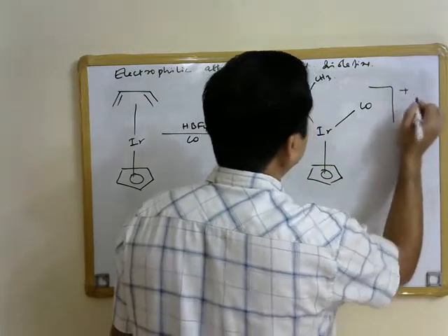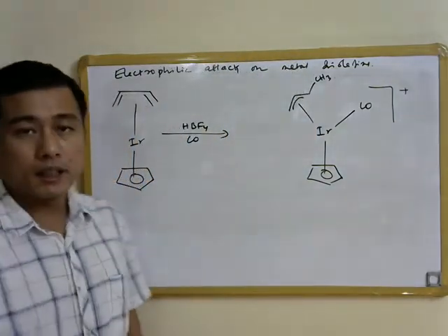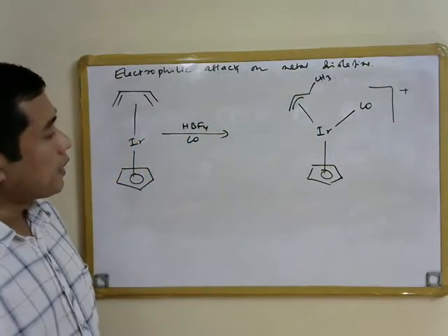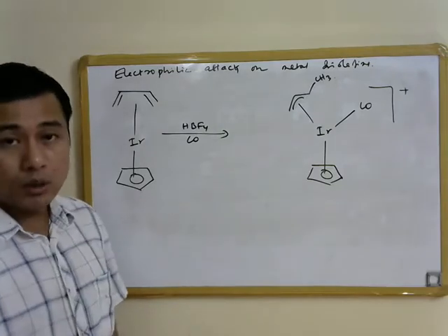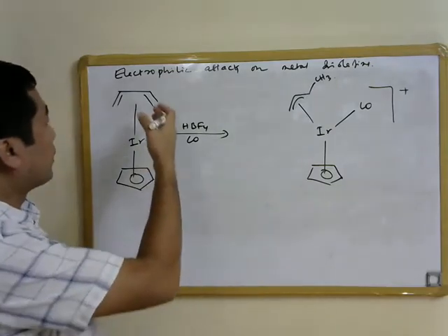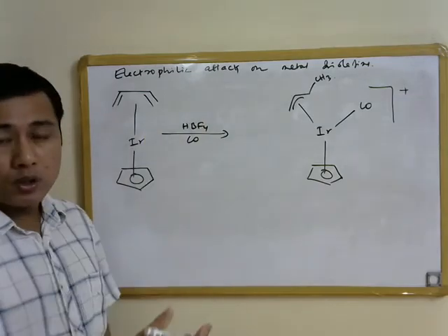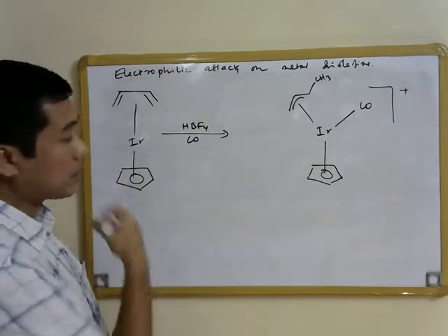So the complex is going to be positively charged here because we have added H plus over here, and this sort of metal allyl complex is formed when electrophilic attack on metal diolefin complexes takes place.